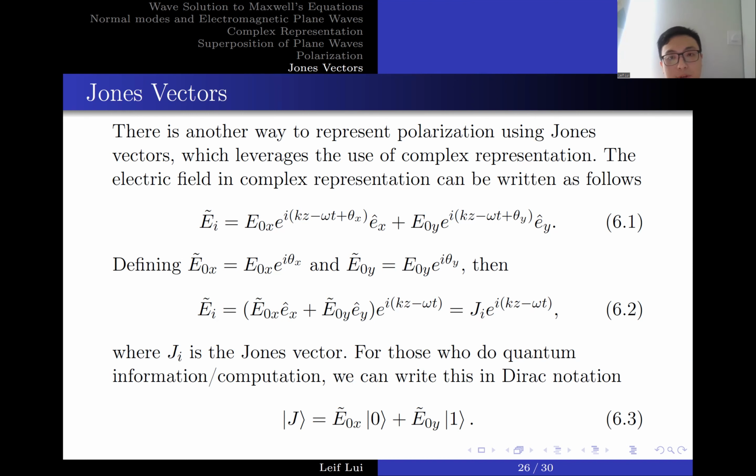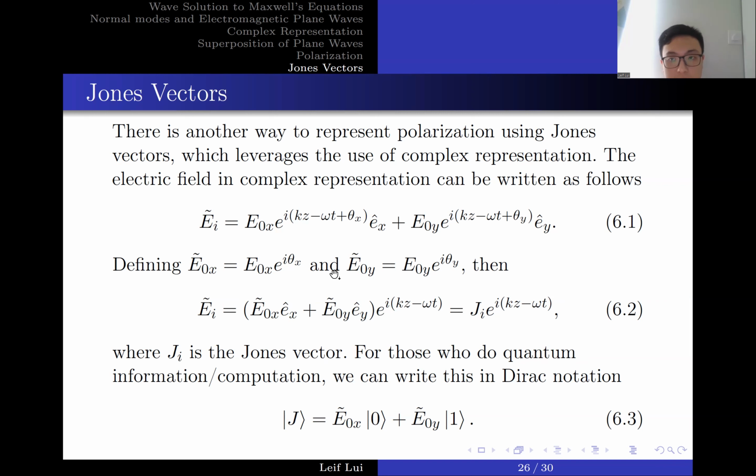So there's another way to represent polarizations using Jones vectors, which leverages the use of complex representation. The electric field in complex representation can be written as follows. Basically, I just replace the cosine functions with e to the i, and so on. So I will define E tilde as E times some exponential function times i times the phase, right?